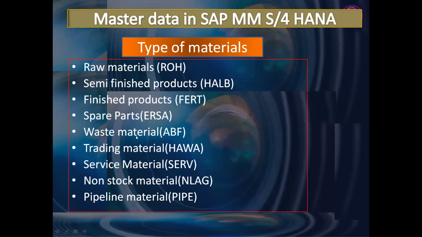Then waste material. What is waste material? Waste material means your scrap material, which you can use or which you cannot use. So when you start manufacturing any product, suppose you have taken 100 kgs of raw material. What do you think? Are you using all those 100 kgs of the raw material? No. Out of 100, 80% or 90% of the material will be used and 20% or 10% will be your waste material.